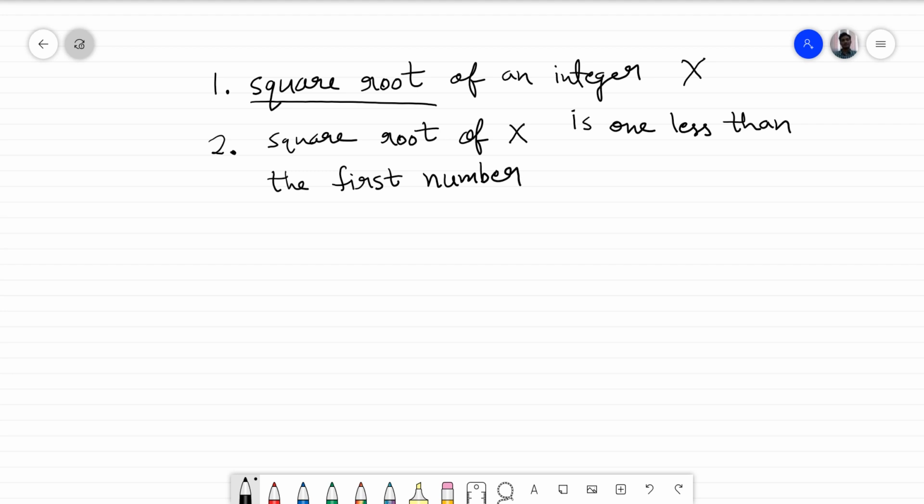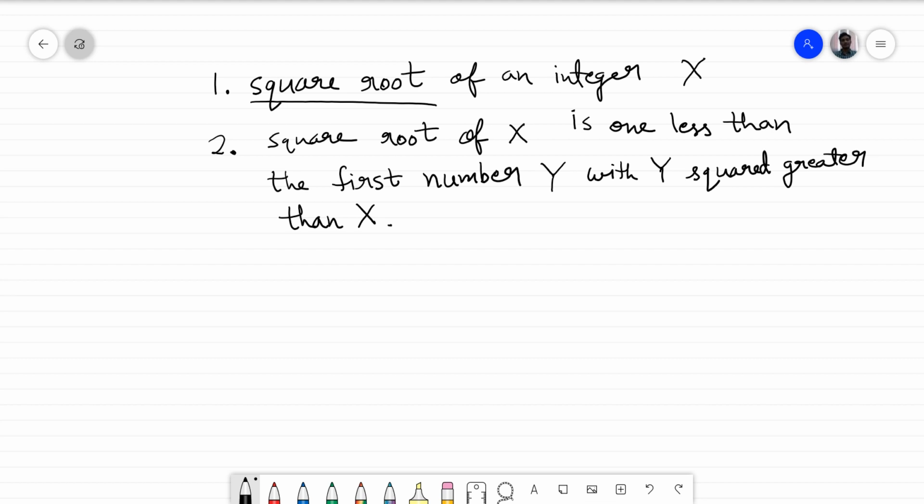So the first number that you encounter, let's call it y, with y squared greater than x. So the first number y that you encounter whose square is greater than x for the first time, subtract 1 from that, and that will be the square root of x. Okay, that's how we'll do it even manually.